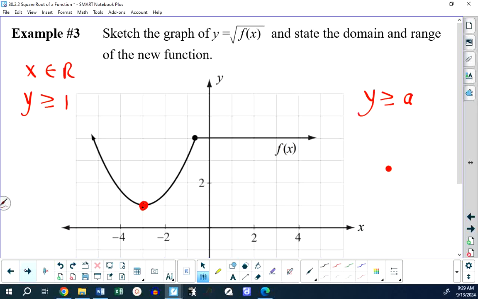What does this graph look like? Well, we have one invariant point here. We have this whole line, which is up at y equals 4. Every point on that horizontal line is at y equals 4. So when we take the square root of 4, we get 2.